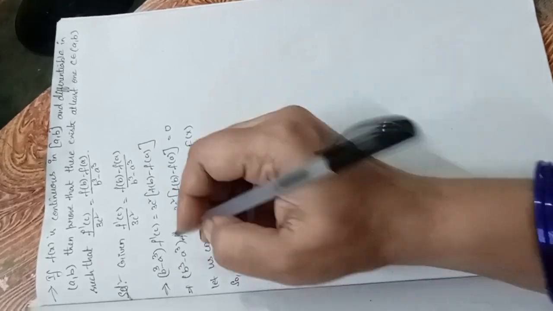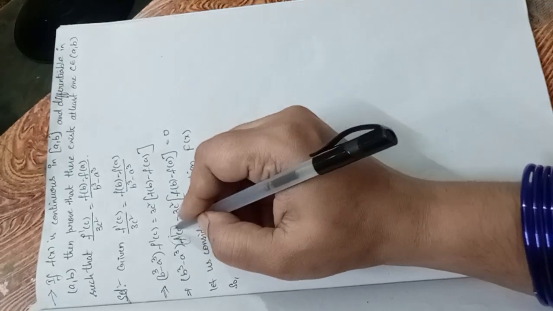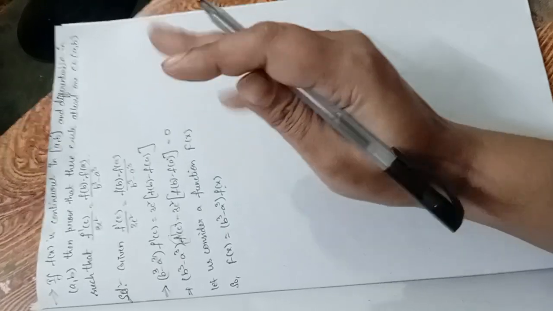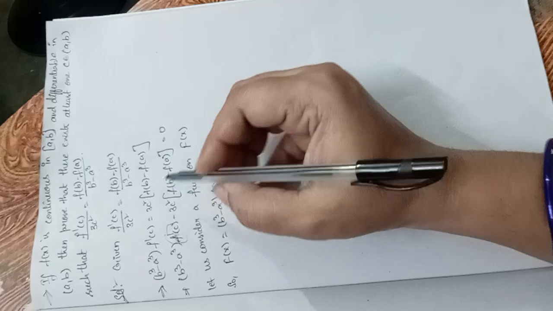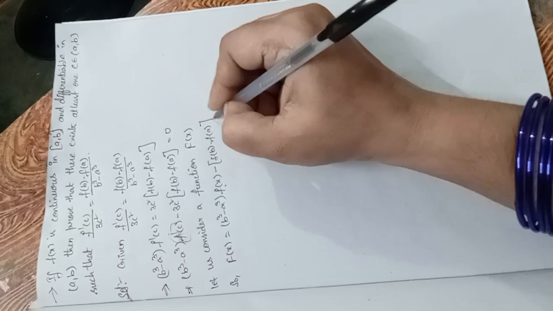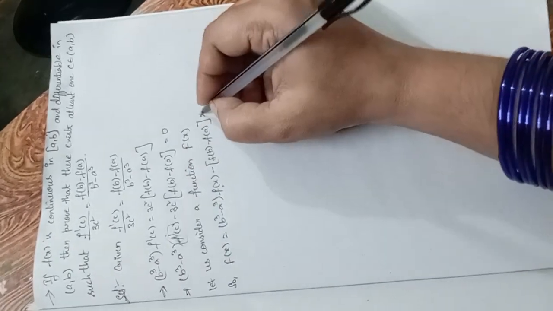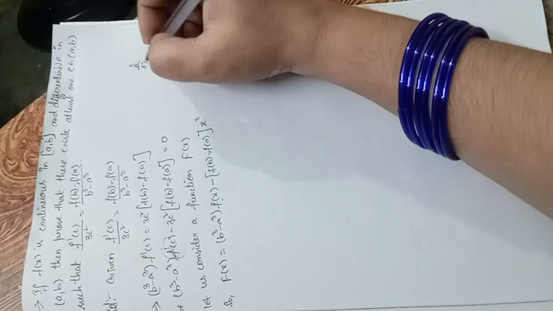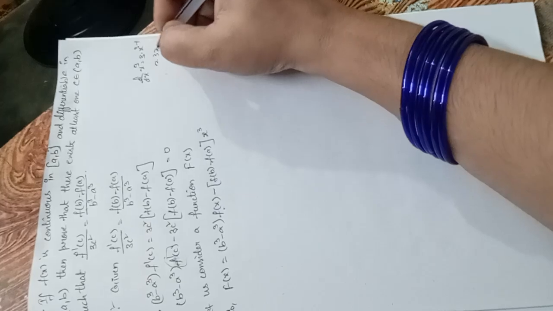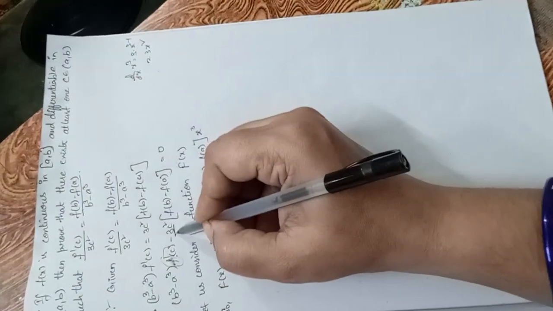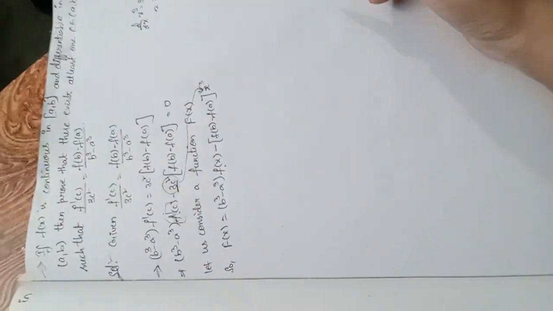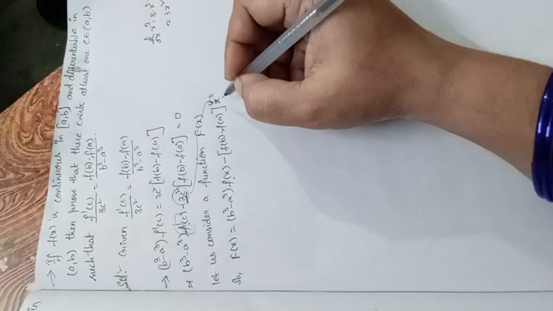F(x). F'(c) is nothing but the function after differentiation. If we wrote only simple F, it will be the function before differentiation. So F(x) = (b³ − a³) f(x) − (f(b) − f(a)) x³, because d/dx of x³ is 3x^(3−1), which is 3x². We will get this, no? So this is written like this. Understood? Okay.